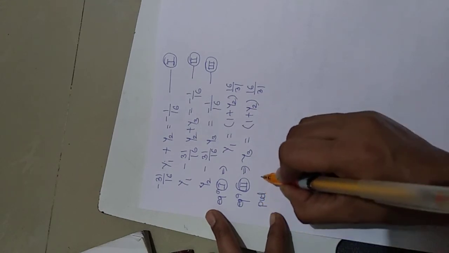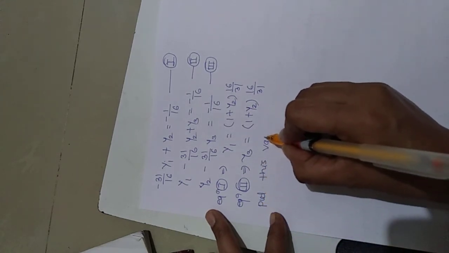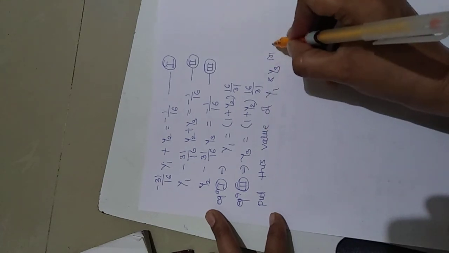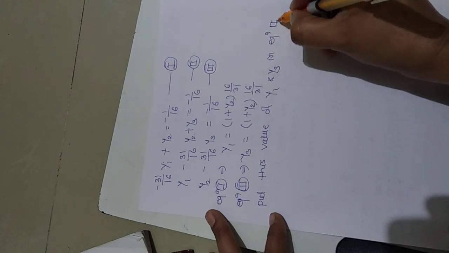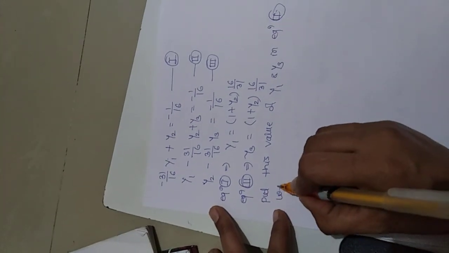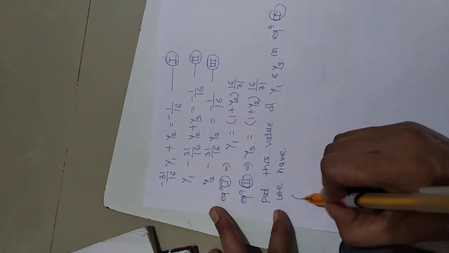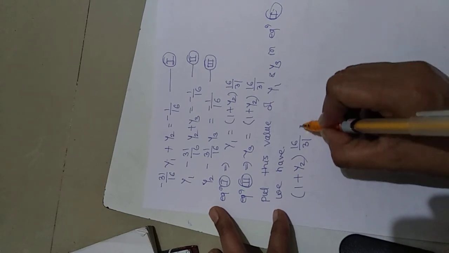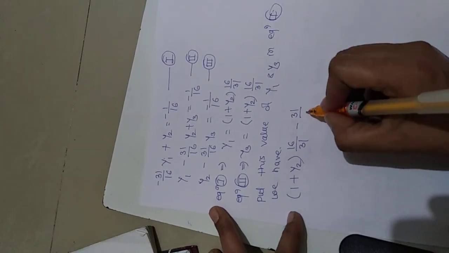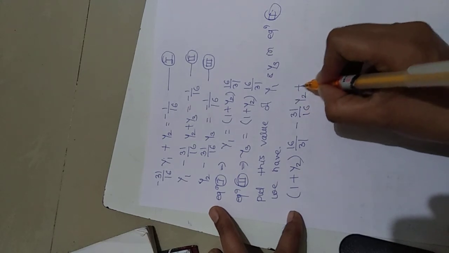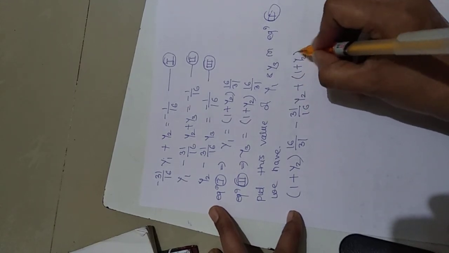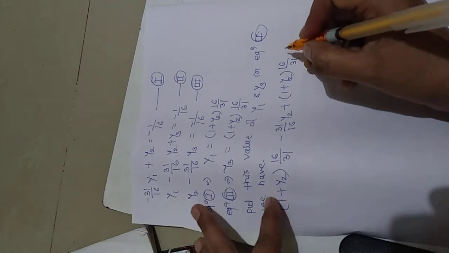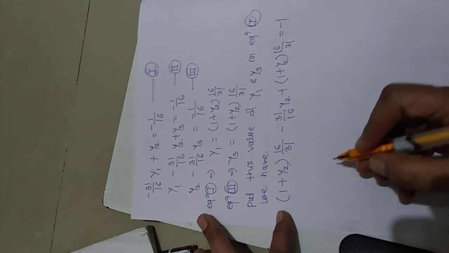Put these values of y1 and y3 in equation 2. We have (1 plus y2) 16 upon 31 minus 31 upon 16 y2 plus (1 plus y2) 16 upon 31 is equal to minus 1.